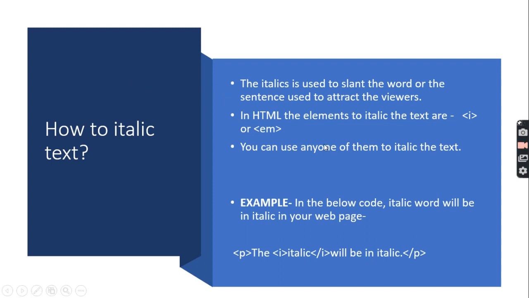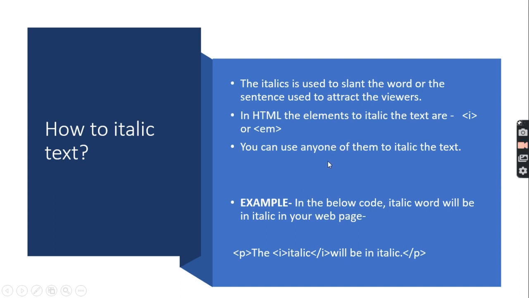Both are used to italic the text. So in the example, if you paste this code in Notepad and run it as an HTML file, this italic word will be slanted, as it is using this tag and this end tag. So the word between these two tags will be italic.